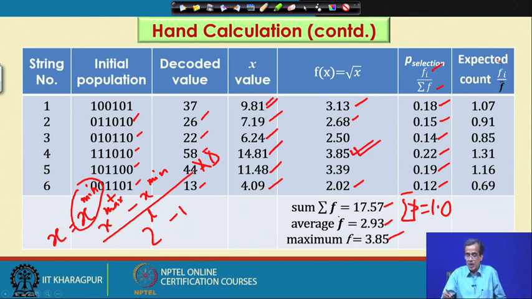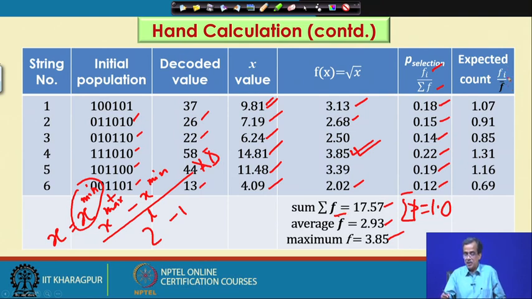Once we have this probability value, we are in a position to find out what should be the expected count. By expected count, we mean how many times a particular string will be copied in the mating pool through this reproduction scheme. This expected count is calculated as Fi divided by F bar, where F bar is the average fitness.